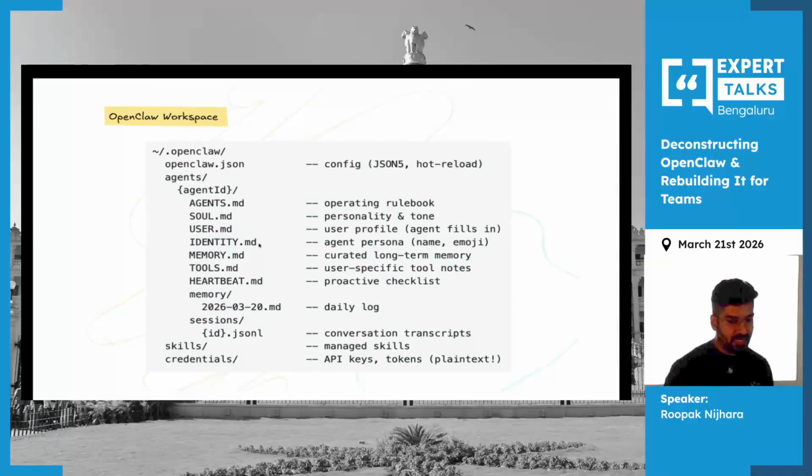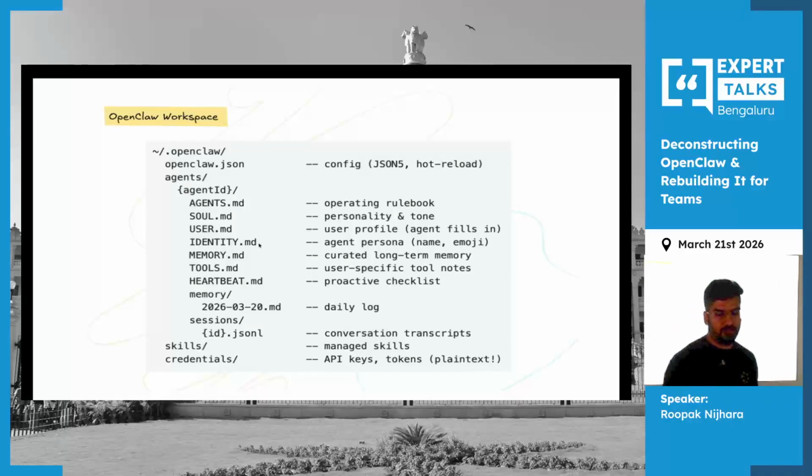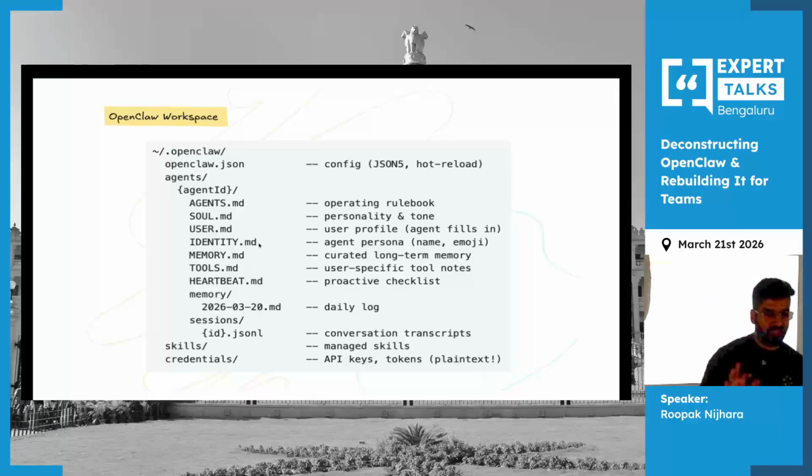Cool, we'll move ahead. This is the OpenClaw Workspace. This is basically the directory where, as I was saying, it maintains the entire state of the application. So everything is maintained in files in this directory.